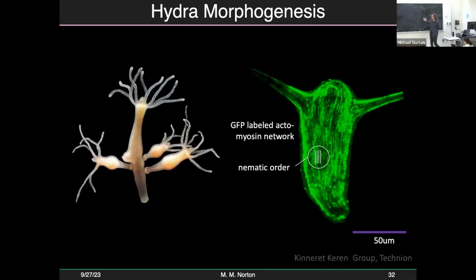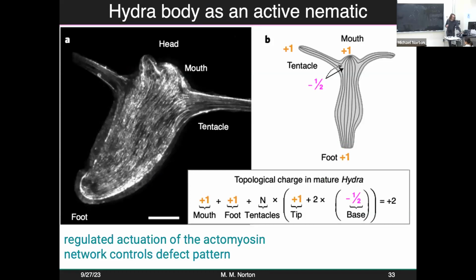So a hydra is a really fancy active pneumatic in the sense that its body has pneumatic order. What you're looking at is a GFP labeled actomyosin network. So this whole organism is like one big muscle. What's interesting from a physicsy point of view is that because we have this pneumatic texture on this sphere, we have constraints on the topology.